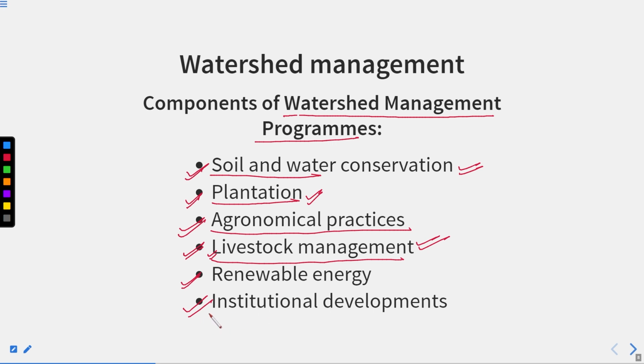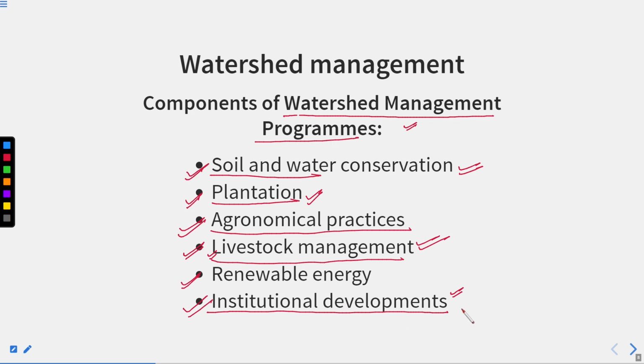Okay, can we think about why institutional development is also clubbed with the components of the watershed management program? Because these are the institutions that are opening nowadays, new institutions. So whether we are opening it in the catchment area, or at a place where the chances of flood are more, or whether we are opening new institutional developments on river channels, which are generally dry over a year, but get water only at the time of rainwater or flood.